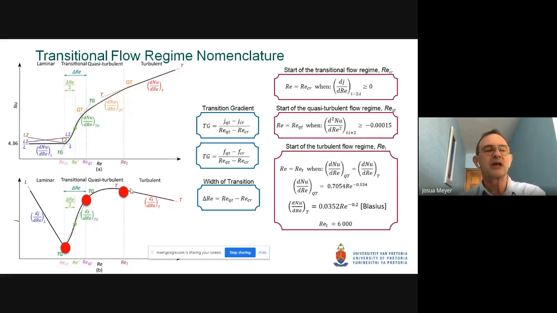So in some cases, we used the Nusselt number data, and in other cases, we used the J factor data. And with that, it made it possible for us to define new nomenclature, such as the transition gradient, the width of gradient, the starting point of transition, the ending point, etc. Again, more information is available in our articles. Next slide, please.